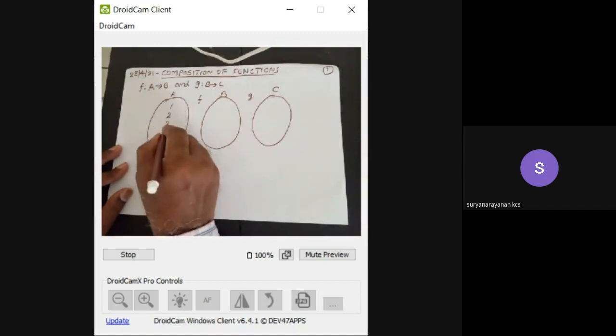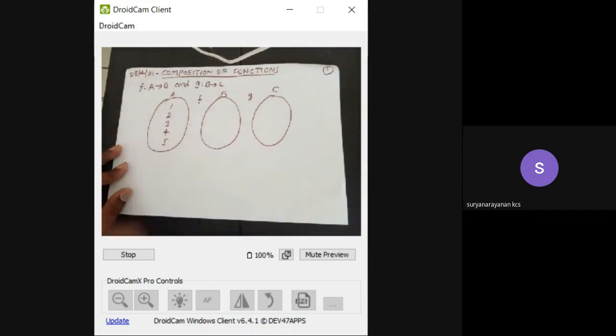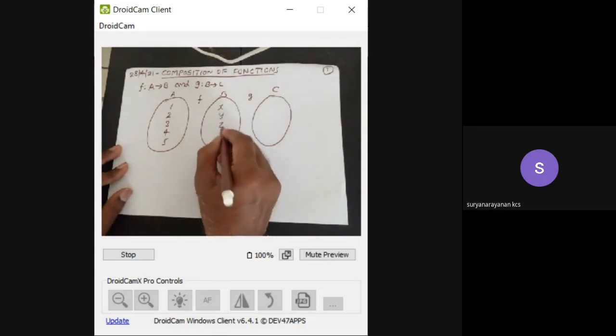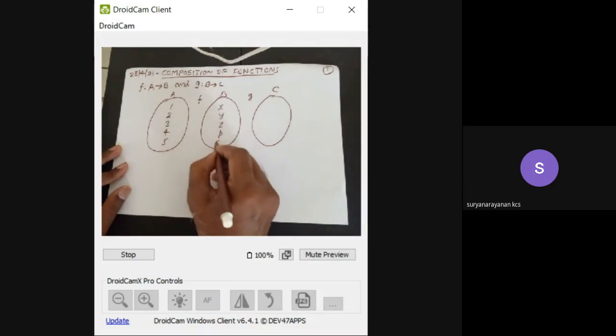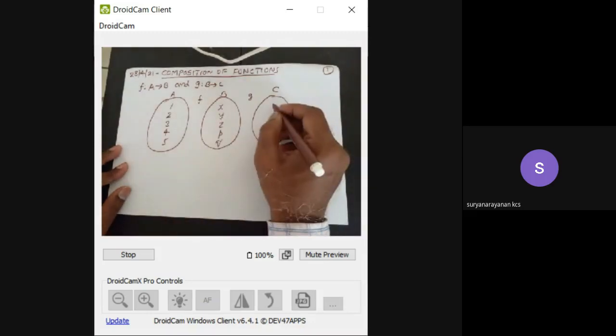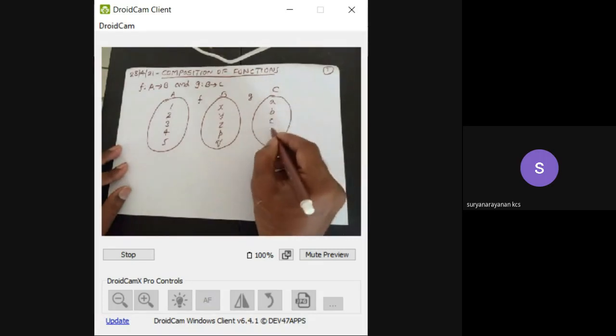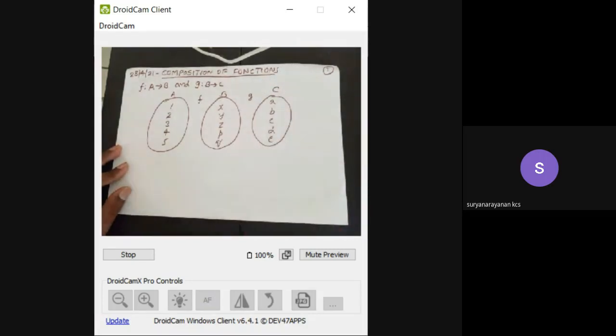Suppose these are the elements in the set A. These are the elements in the set B. And these are the elements in the set C. Okay, like this.